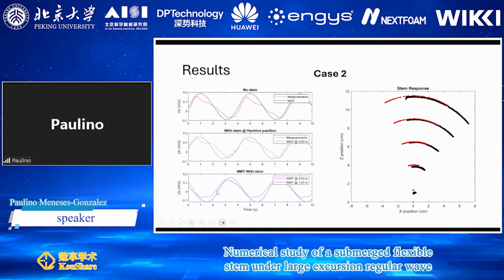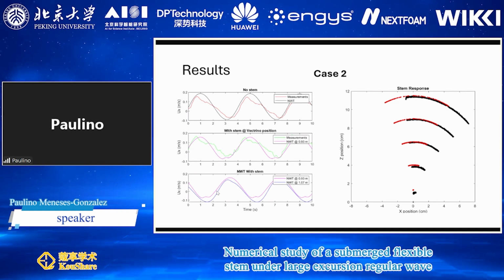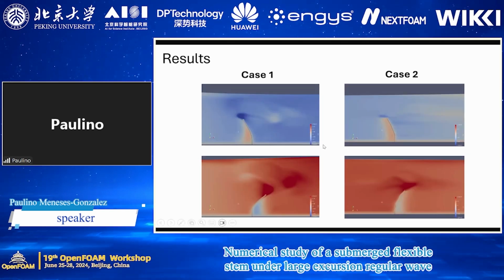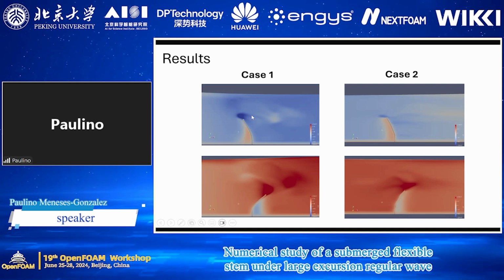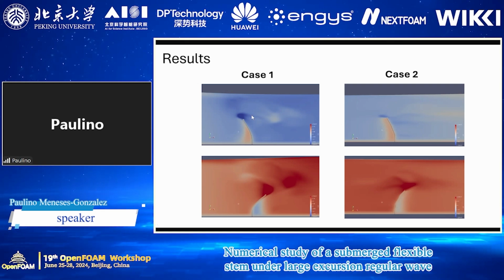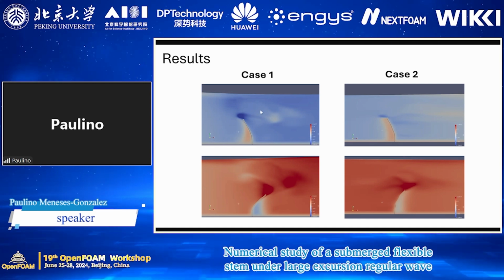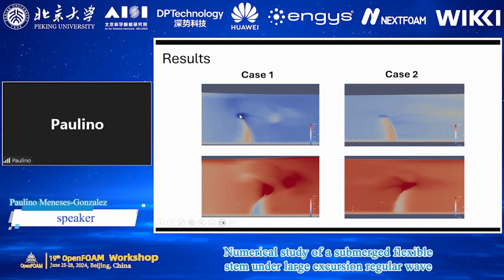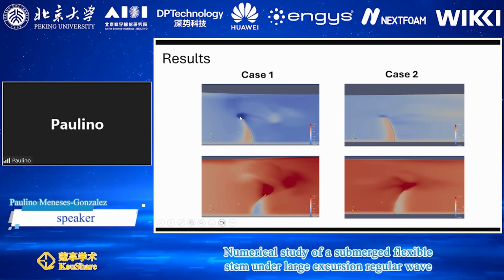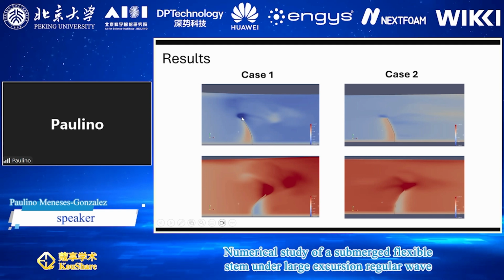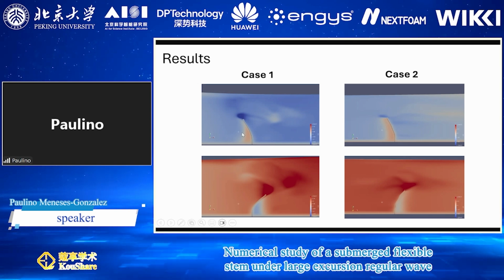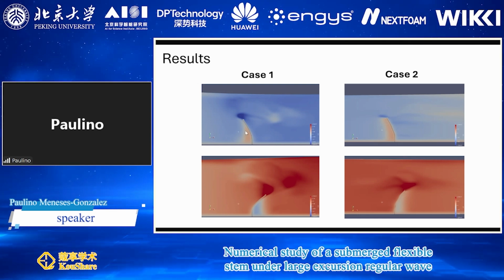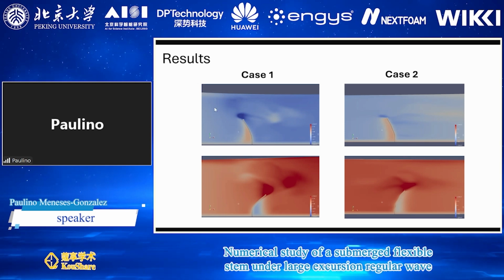And then those are the effect of the steam, I mean the shadow of the steam that we can see in the last slide. For example, in case one, when the steam reached the maximum negative deformation, we see a vortex on the right side, and also a vortex releasing from the steam in the upper part, and we can see on the left side the shadow that has a different sign.